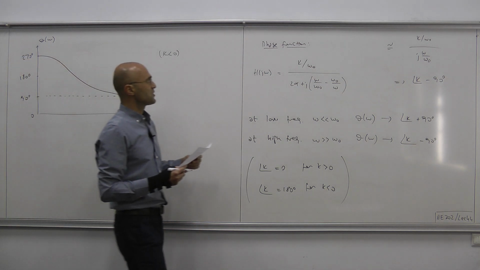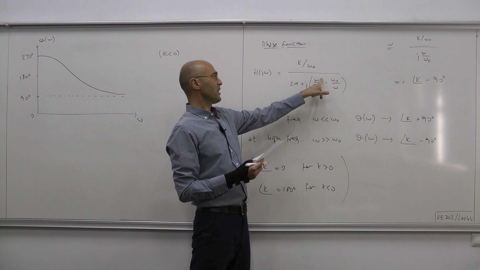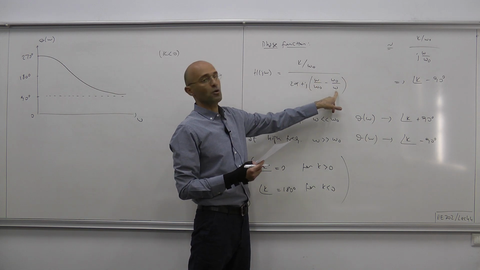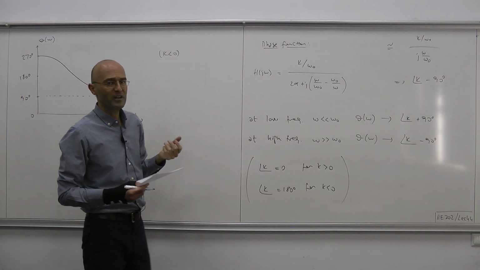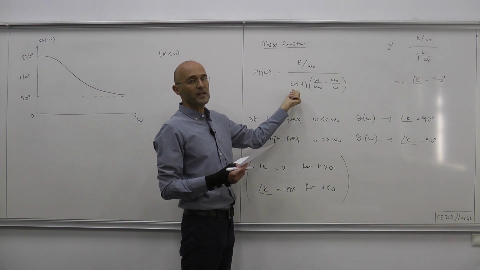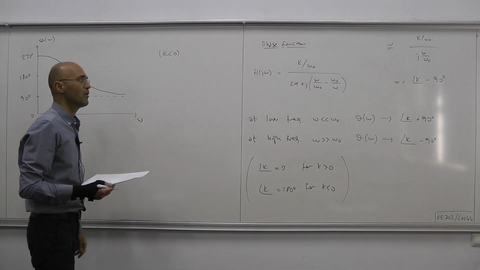And what happens at the center frequency, when omega equals omega 0? This is 1, this is also 1, 1 minus 1, 0. Therefore, at center frequency, the numerator becomes purely real, and 2 alpha was positive. Therefore, the phase of the numerator is 0.